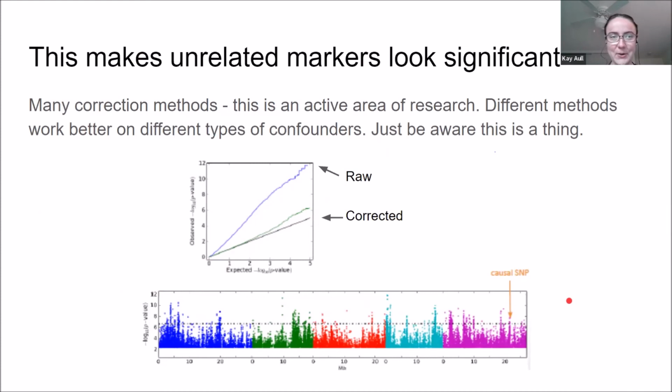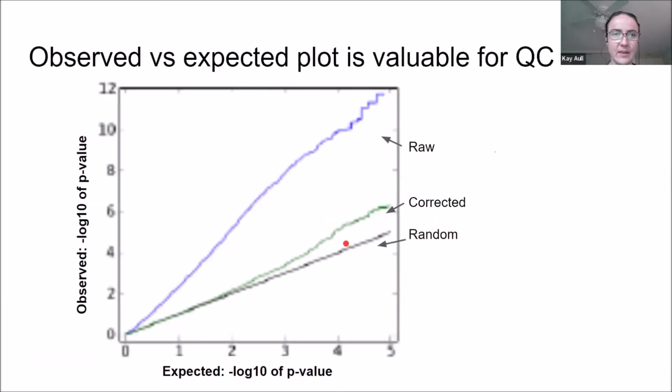It starts to get higher, and this is, I'm going to zoom in on this QC plot right here. This is a valuable way to look at the quality of your GWAS results, and this is the same data as in your Manhattan plot, but presented differently.